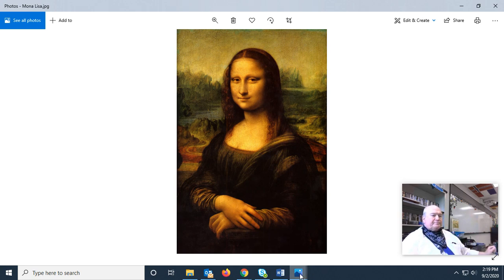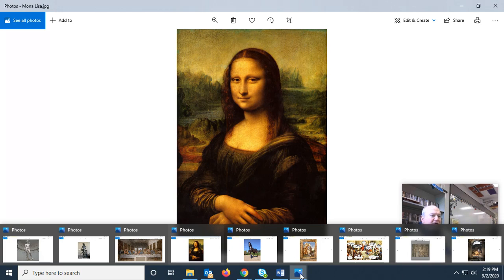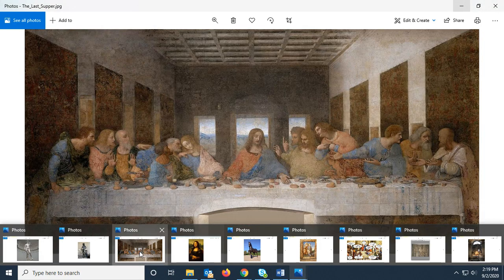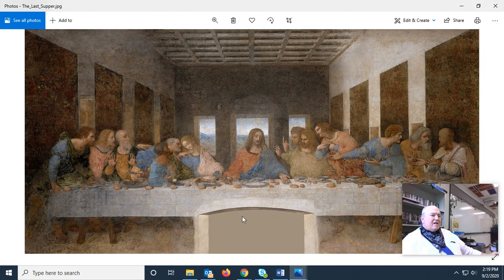Now, let's look at another piece of art that you might recognize. This one. This, also by Leonardo da Vinci, is The Last Supper.